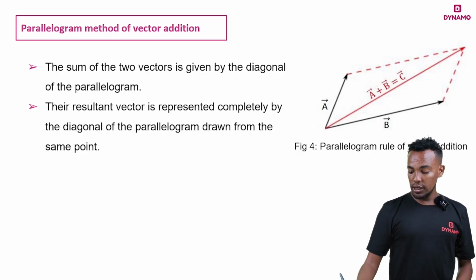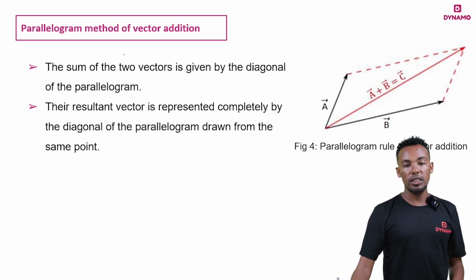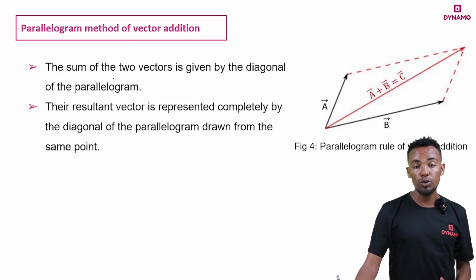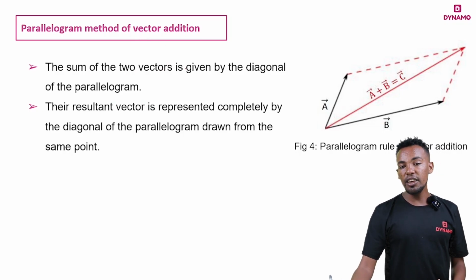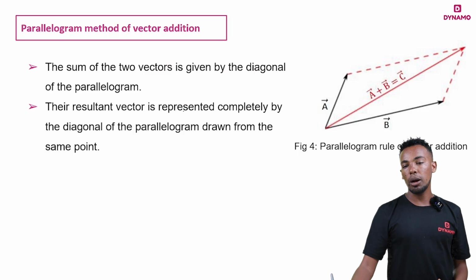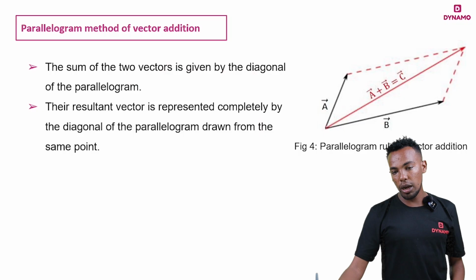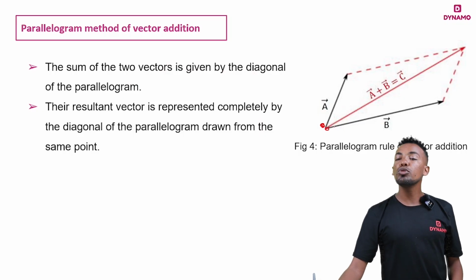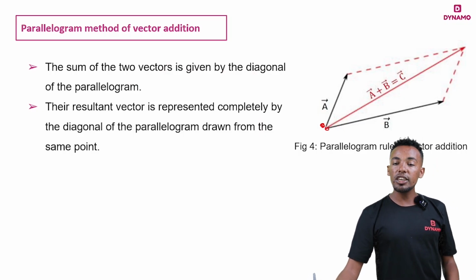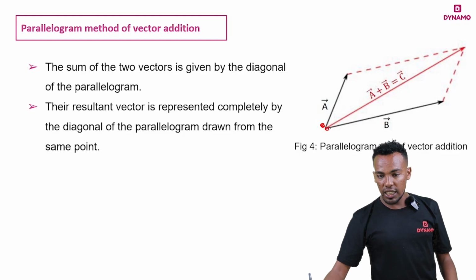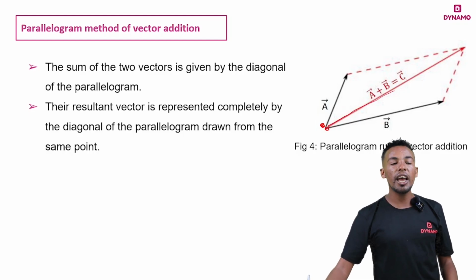The other method is the parallelogram method. In the parallelogram vector addition, the sum of two vectors is given by the diagonal of the parallelogram. In the triangle method the vectors are connected head to tail, but in the parallelogram the two vectors are connected tail to tail. After they are connected tail to tail, the resultant vector of these two vectors is the diagonal.